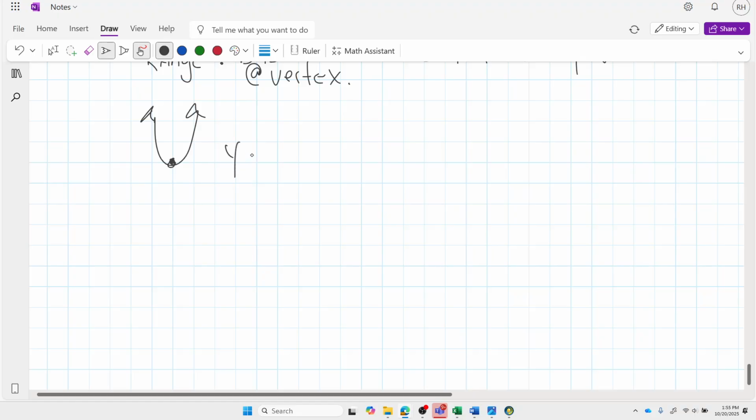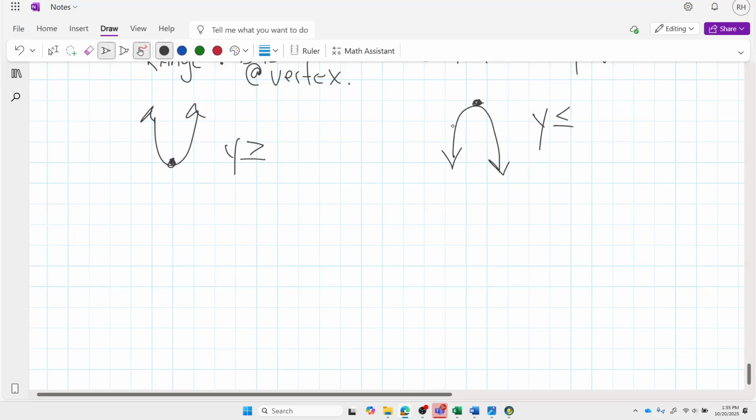And all of the y's had to be greater than or equal to the y value at the vertex, right? If the graph went down, which means that a is negative, it had a maximum value, and all of your y values, your ranges, or y is less than or equal to whatever the y value was at the vertex. You remember that?